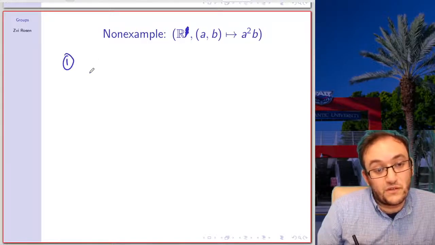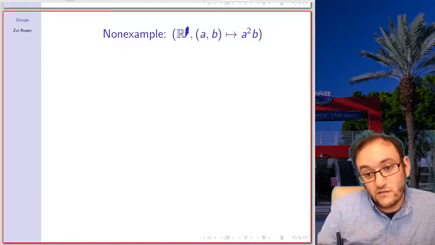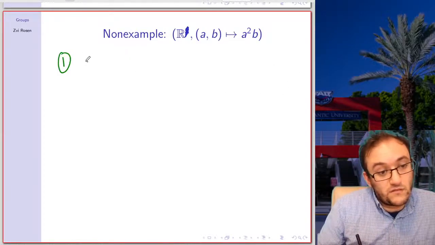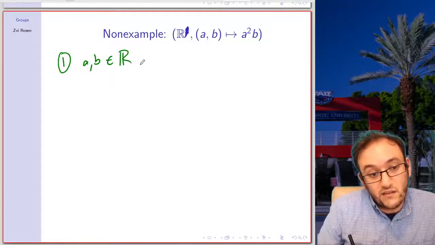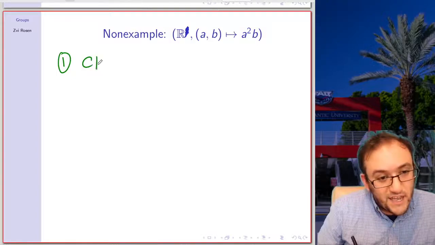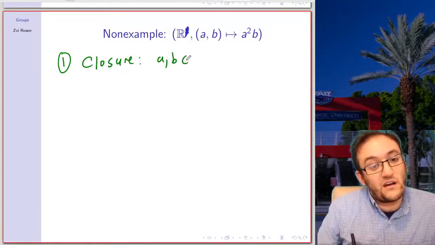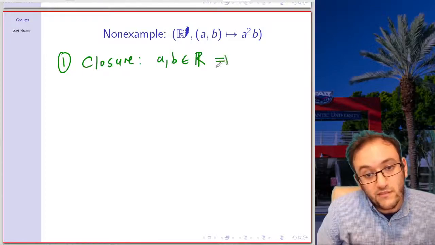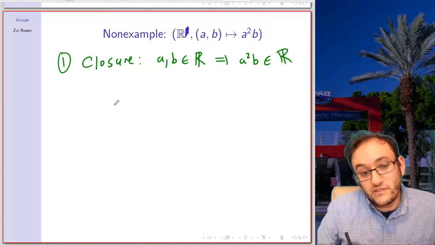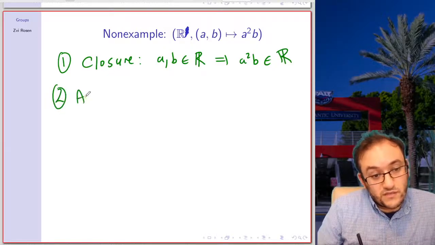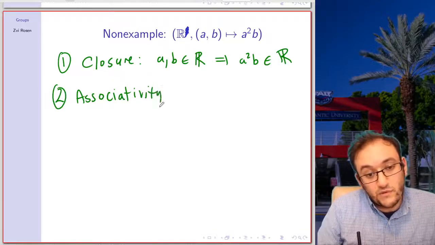So I want to check this out. If a and b are in R, so in terms of closure, if a and b are in R, then a squared b is also in R, so that's good. Associativity, here we run into trouble.